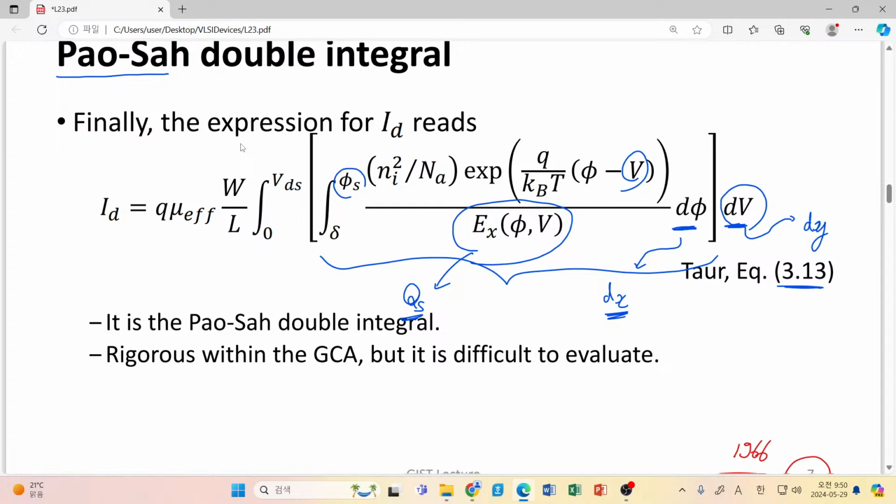And how can you calculate this upper bound phi sub s? Yes, phi sub s also can be calculated from the solution of our MOS equation. So for a given v value, anyhow we can calculate the first integral within the square bracket. Then the next step is to change your v value a little bit and recalculate.